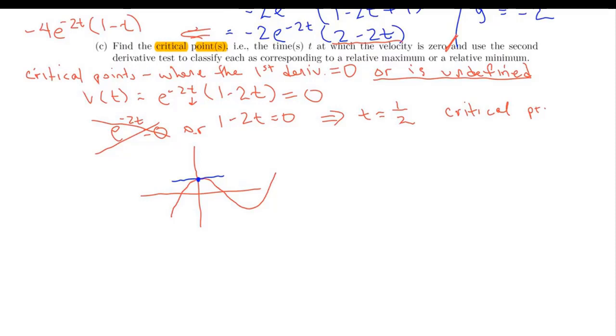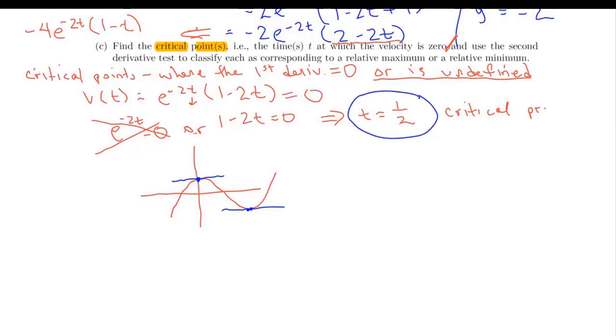And that always happens at my maximums and minimums. That's why we find critical points. And then we figure out, is that critical point a maximum or a minimum? And it could be neither. For right now, we're just going to say it's probably a maximum or a minimum. And we only have to worry about when t equals 1/2.